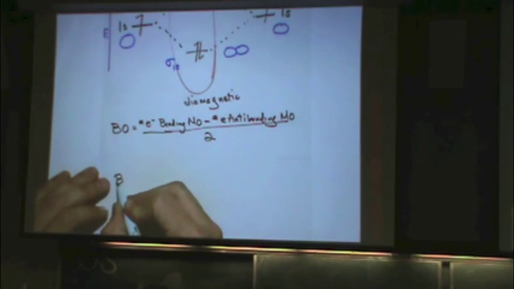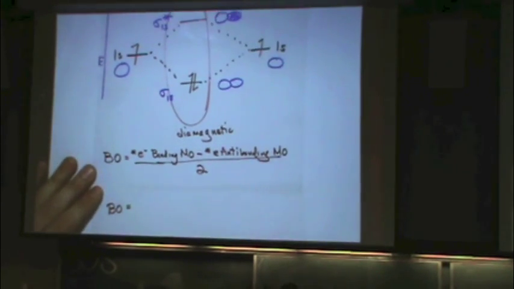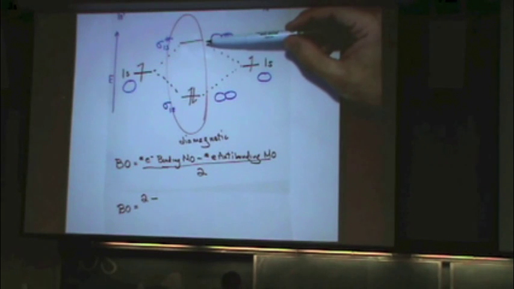Bond order in this example, the number of electrons in the bonding molecular orbital, that's the sigma 1s, the one without the star, is 2. 2 electrons in the bonding molecular orbital. Minus, we have 0 electrons in the anti-bonding molecular orbital, the one with the star, the sigma 1s star. So minus 0, divided by the number 2, because there's 2 electrons per bond.